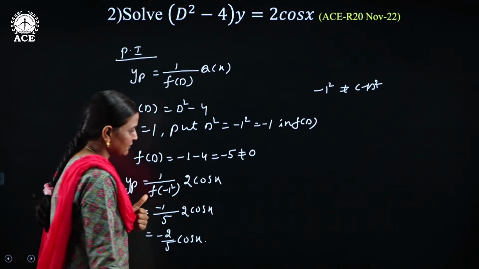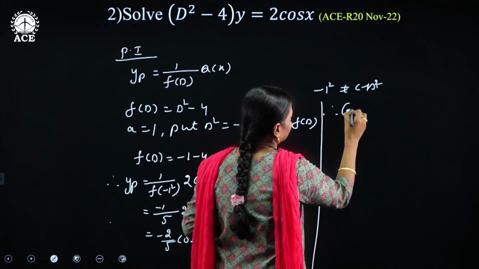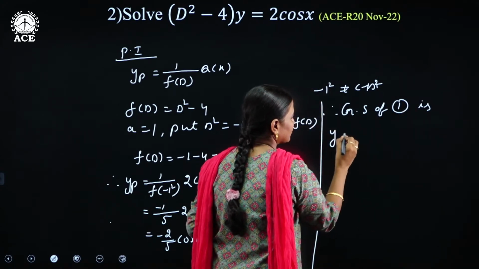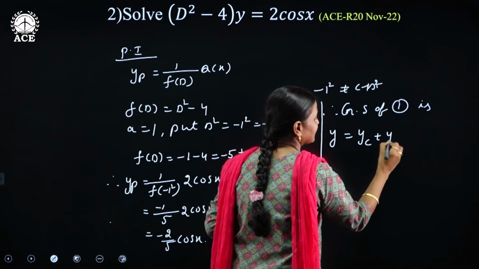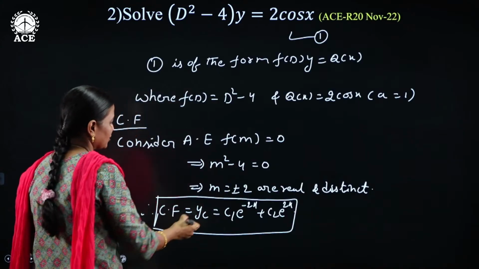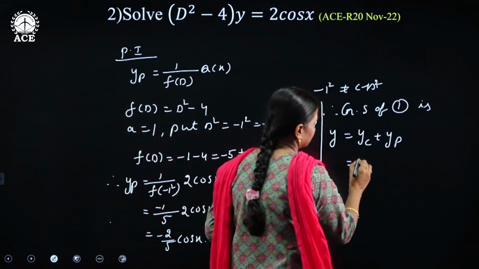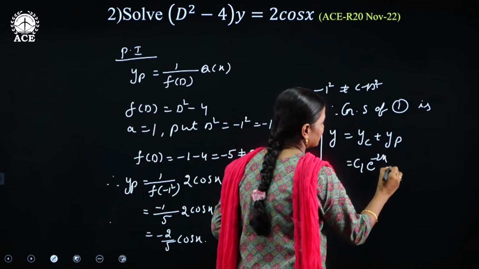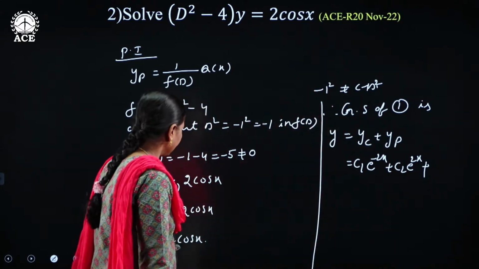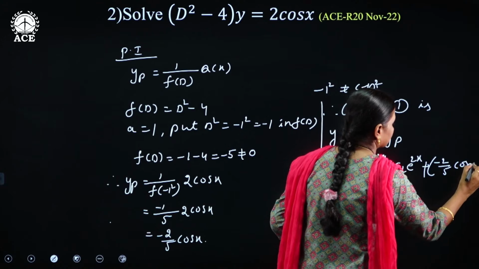So, next write the general solution. What is the general solution? Therefore, the general solution of equation 1 is y is equal to yc plus yp. What is yc? Here, what is the complementary function? Complementary function is c1 into e power minus 2x plus c2 into e power plus 2x, plus the particular integral, which is equal to minus 2 by 5 into cos x.